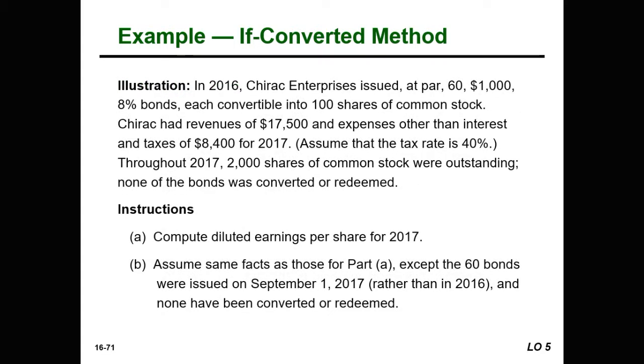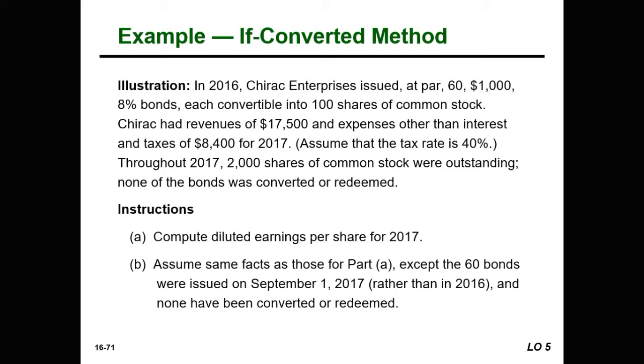So let's look at Cherick Enterprises, who issued at par 60 $1,000 8% bonds, each convertible into 100 shares of common stock. Cherick had revenues of $17,500 and expenses other than interest and taxes of $8,400 for 2017. They ask us to assume that the tax rate is 40%.